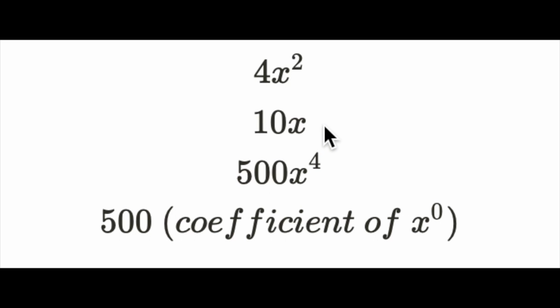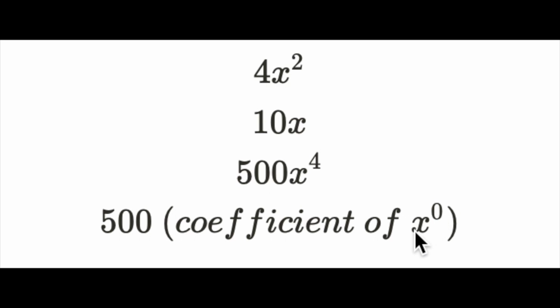What the coefficient tells us is the quantity of this variable. So we have 10 x's, for example, here, 4 x squareds here, and 500 x to the power of 4s here. Now this is something I did want to talk about as well. 500 is a constant, but it could also be considered a coefficient because it's technically the coefficient of x to the power of 0.